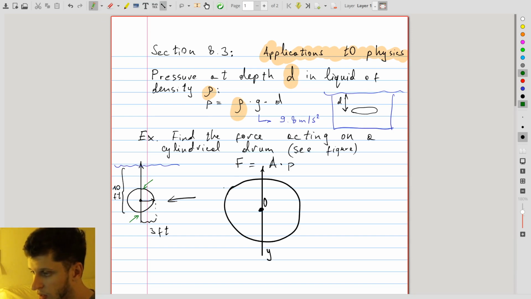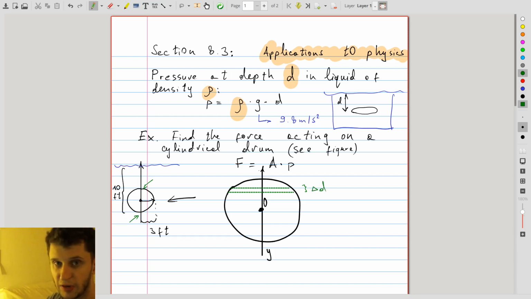in our drum. So for example, in this very thin horizontal strip, the change of depth is very small. And so because of that, I can assume that depth is roughly constant.